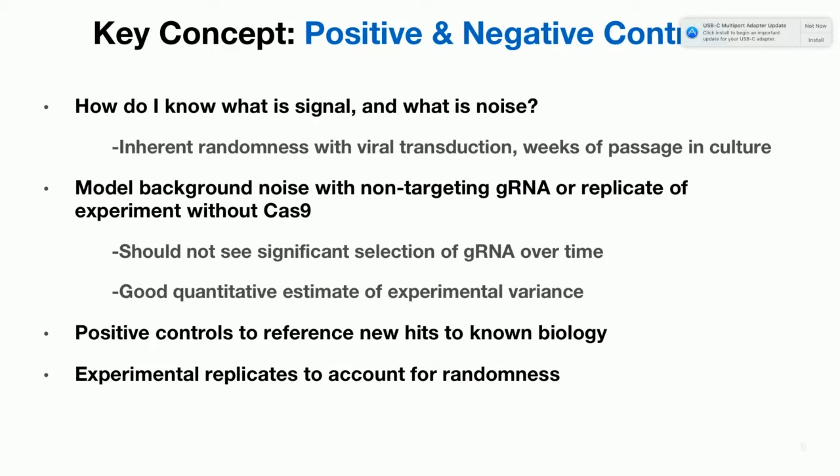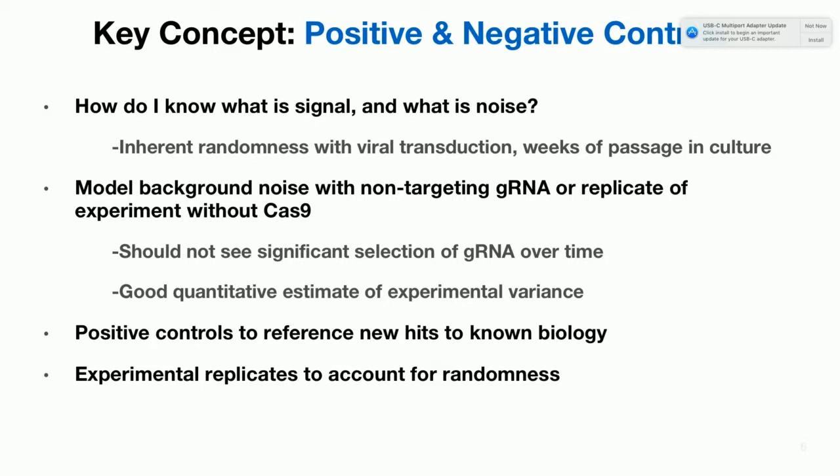There is a lot of inherent randomness with the transduction of the virus into the cells. So when you get these fitness measures back, it's important to convince yourself that this is not just randomness. The controls will depend on the experimental design of your particular screen.